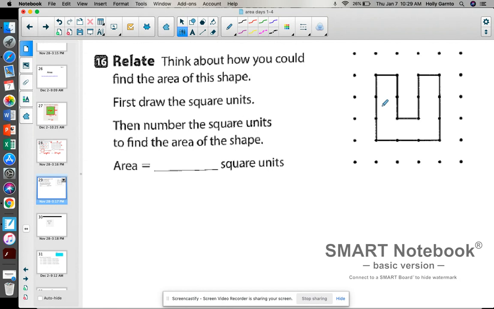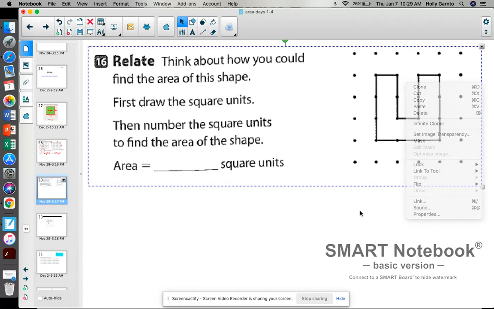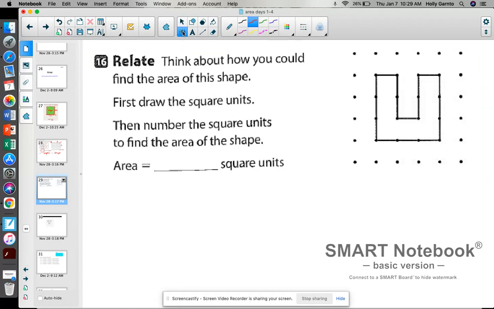So this is an irregular shape. Irregular shapes mean that it's not a regular shape like a triangle or a square or a rectangle. See how it looks like these 2 pieces are missing here? That's an irregular shape.